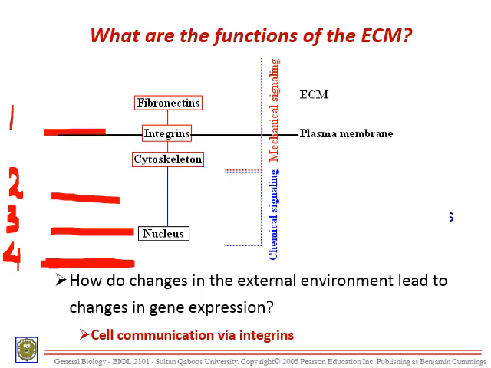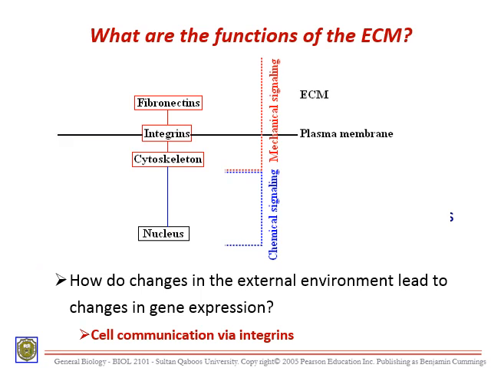All right. So as you see, we have the extracellular matrix. You can see there is a mechanical signal. Mechanical means it's touching. They are touching each other, okay? This is the ECM. So you have fibronectin that is bound to the integrin.